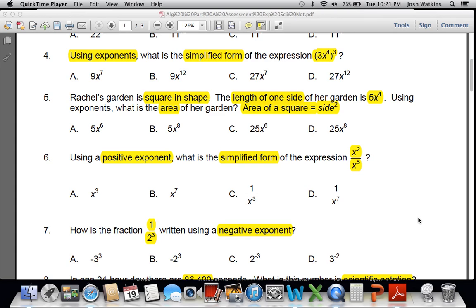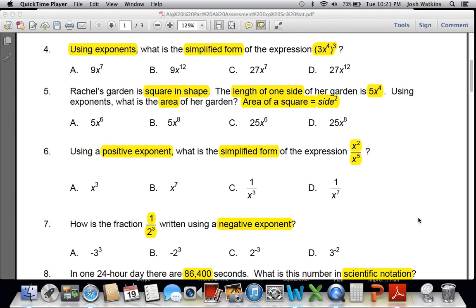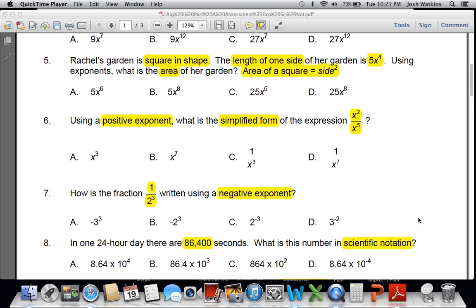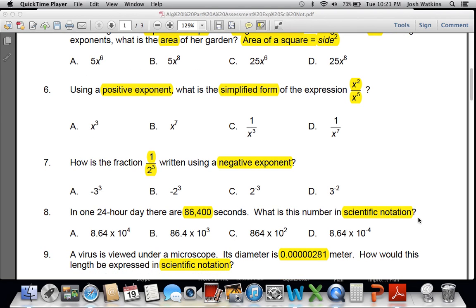Again, remember your properties of exponents. Number 7, how is the fraction 1 over 2 to the 3rd written using a negative exponent? So write 1 over 2 to the 3rd using a negative exponent.